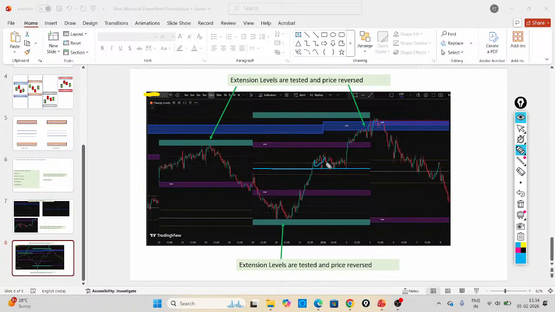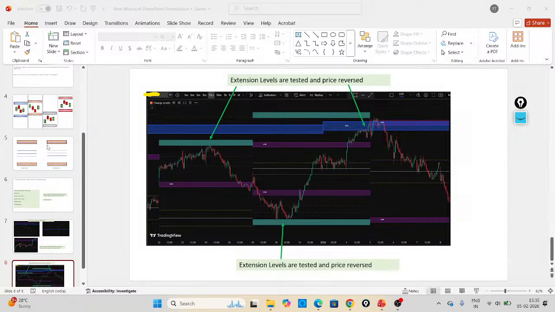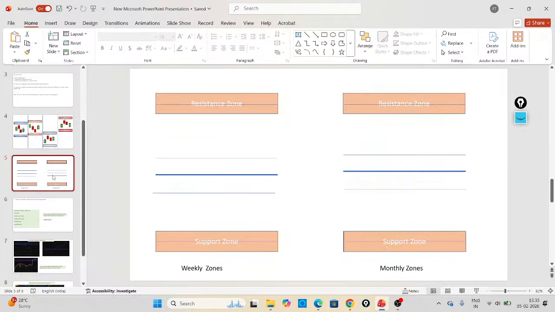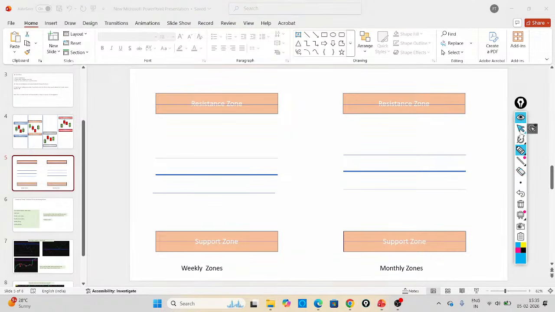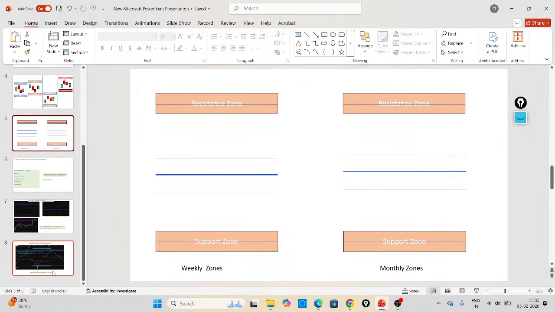A lot of price action has happened, and then the market went upside. I'll go to this slide. These are basically the 50% level, and these levels are 38.6 and 78.6 levels.